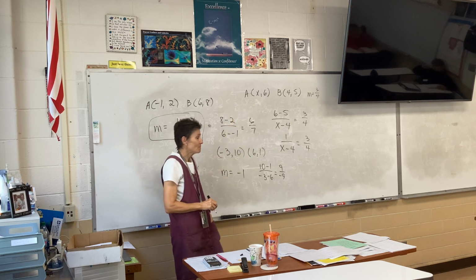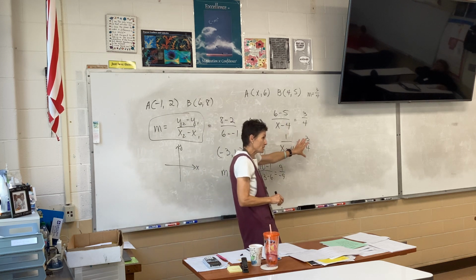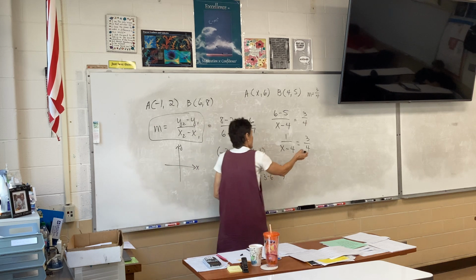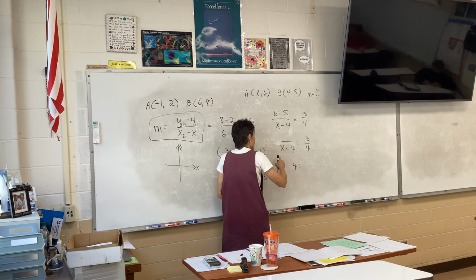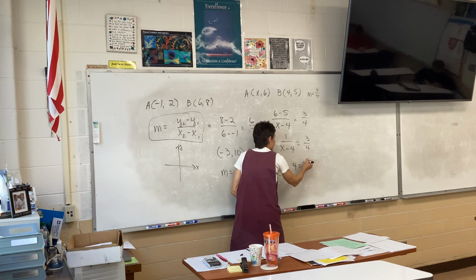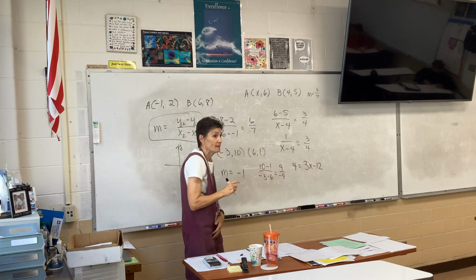Cross multiply. This is a proportion. That's a fraction equal to a fraction, and when you have a fraction equal to a fraction, you cross multiply. So this way, it would be 4 times 1. Now be careful here. What is it this way? 3x minus 12. Very good. That's a distributive.